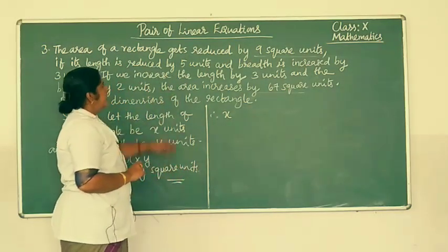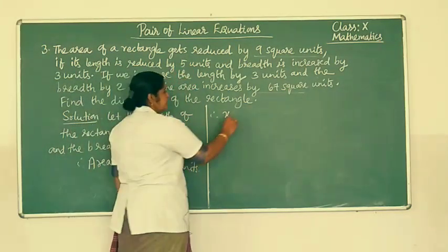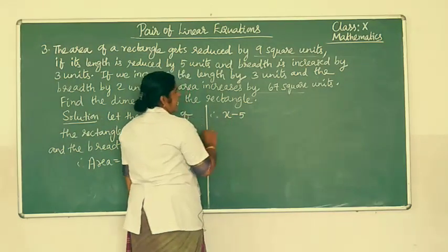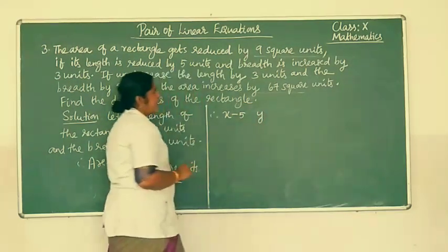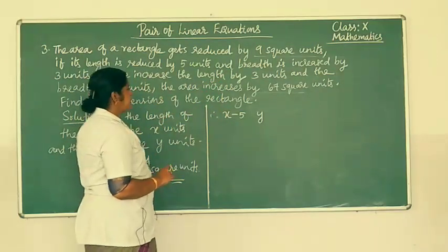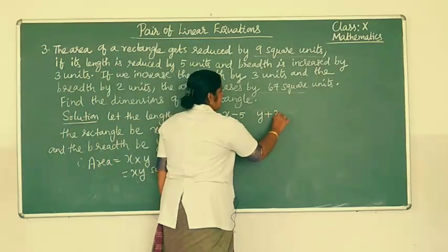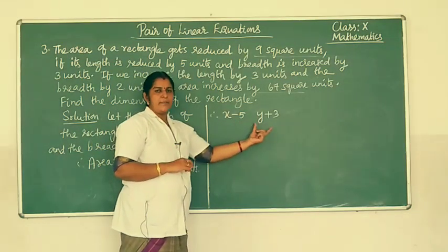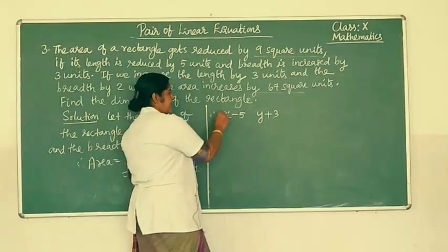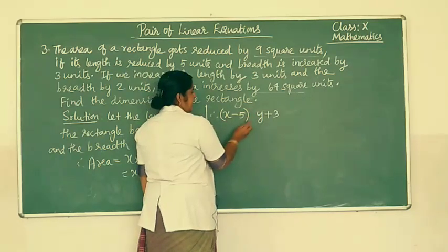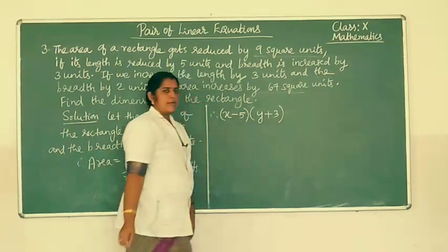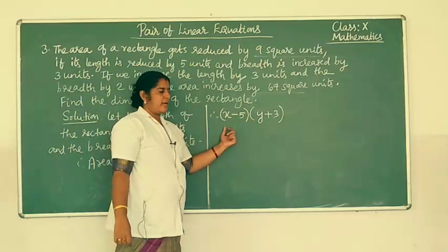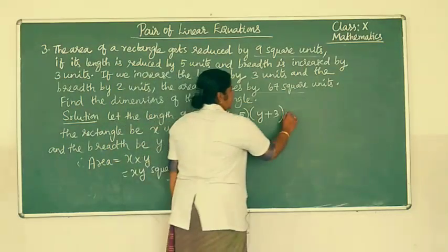length reduced by 5, that is x minus 5, and breadth y increased by 3, so y plus 3. This is how length and breadth should be multiplied to find the area, that is L into B. So what happens to the area?